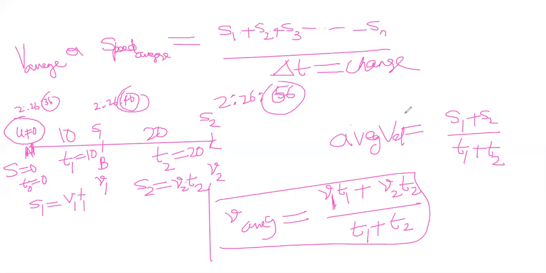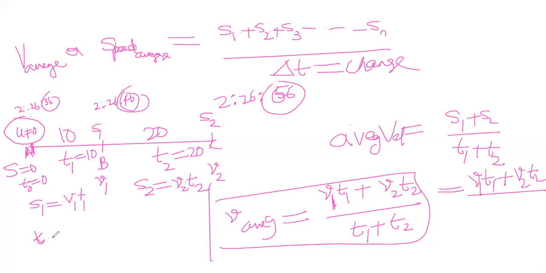This can be rewritten as another formula. V1 T1 plus V2 T2 by T1 plus T2. In terms of S also we can write this equation. That depends on which problem we are doing. T1 plus T2 is equal to 10 plus 20, that's it. So from this equation, what is T1, Kritika?